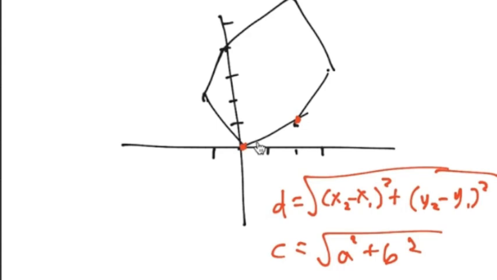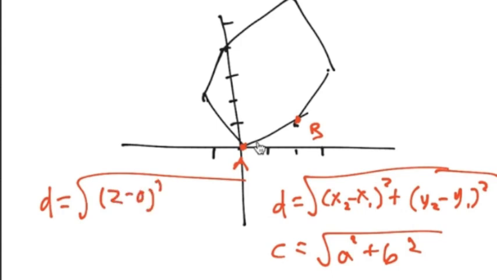So if we want to prove this for points A and B, then we would just take A, which is the point (0, 0), and B, which is the point (2, 1), and plug it into the distance formula. So we would get D equals the square root of (x2, which is 2, minus x1, which is 0) squared, plus (y2 minus y1) squared.